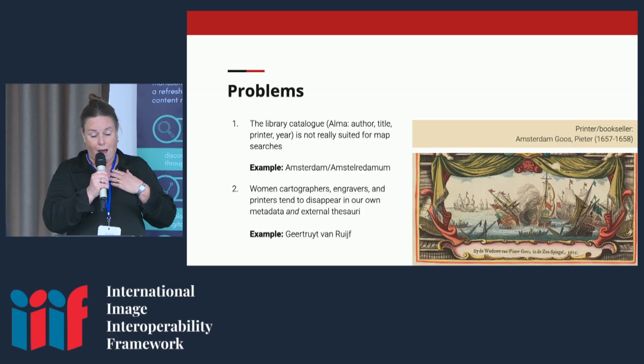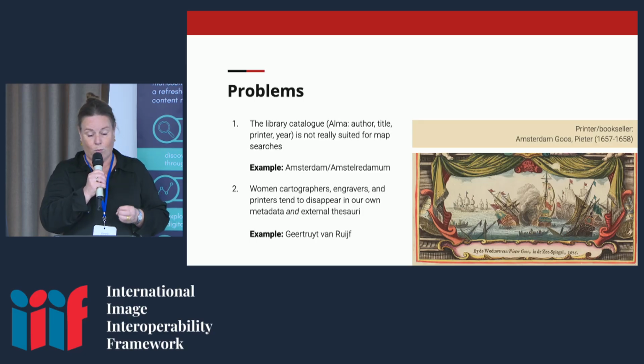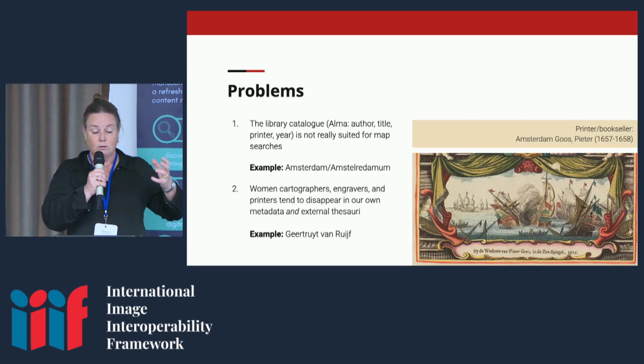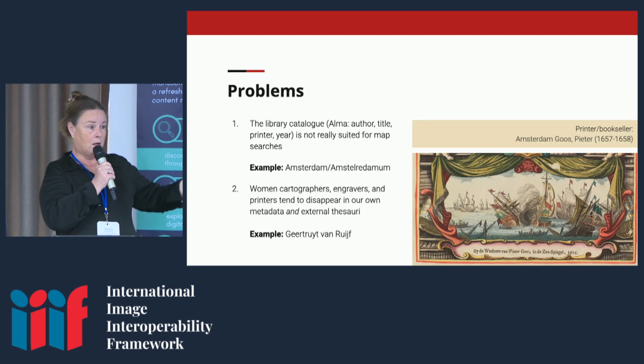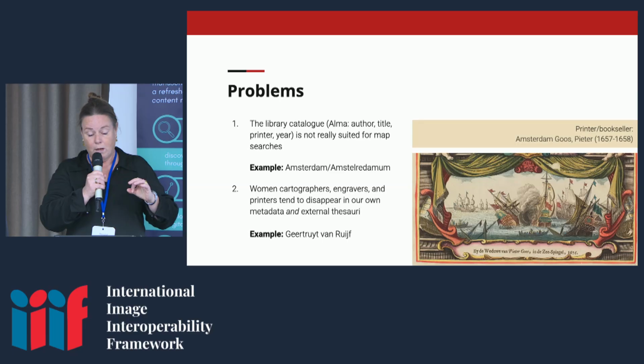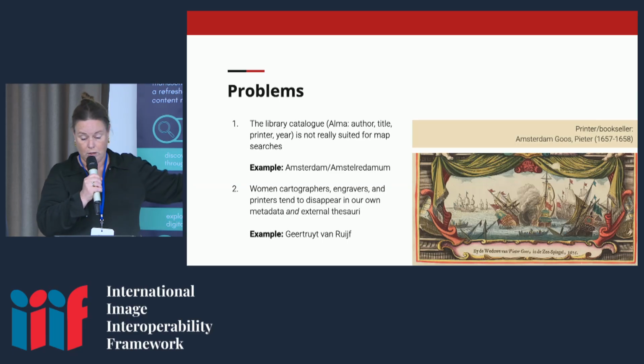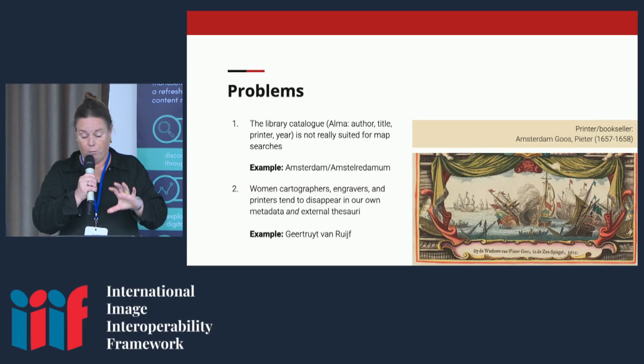Another problem that I find when working with the maps is the existence of women cartographers. They tend to disappear in metadata, in our own metadata, but also in external thesauri. And one example is the widow of Pieter Goos. You see here an image of her, of a print made by her.